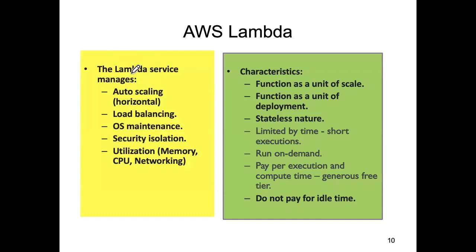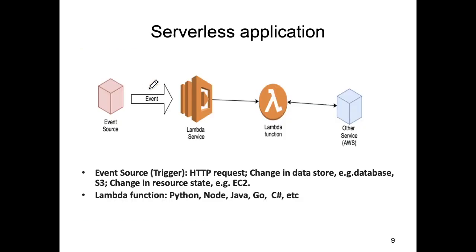So just some general points here about the Lambda service. We're saying that it manages auto-scaling. So if I go back to the previous screen, if there's a high volume of these events occurring at any particular point in time, then what the Lambda service actually does is it creates multiple runtime copies of the Lambda function, and each one of them will handle one of the events.